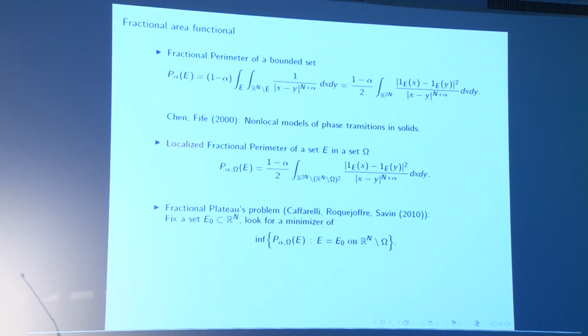This is a problem that was studied recently by Caffarelli, Roquejoffre, and Savin, who first proved the existence and the regularity of the minimizers up to a certain dimension, for small sets. This problem has attracted a lot of people in recent years.